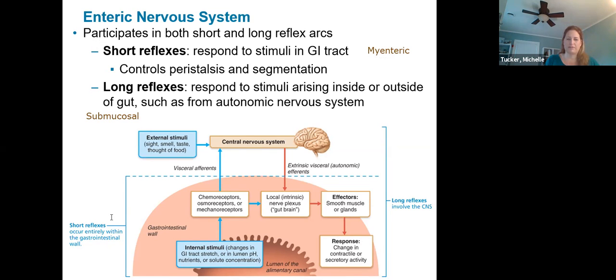For short reflexes, these are going to occur entirely within the GI wall. So the short reflexes are going to be peristalsis and segmentation.